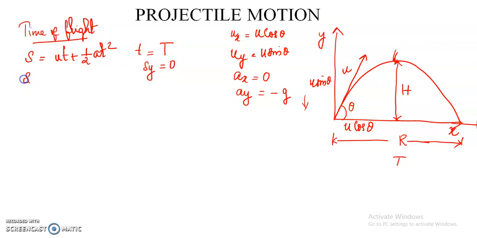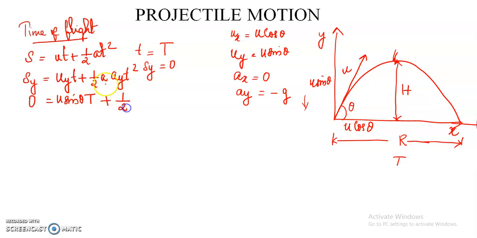So, in the vertical direction, we can rewrite the above equation as sy equal to uy t plus half ay t square. Substituting for t as time of flight and sy equal to 0, we get 0 equal to uy, and we know that uy is u sin theta, into T plus half ay, and instead of ay we can write minus g, into T square.